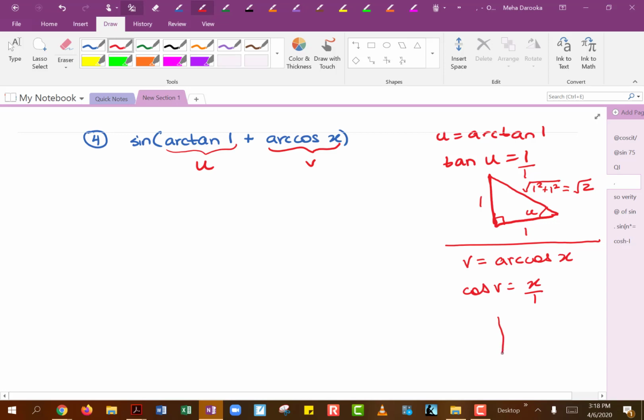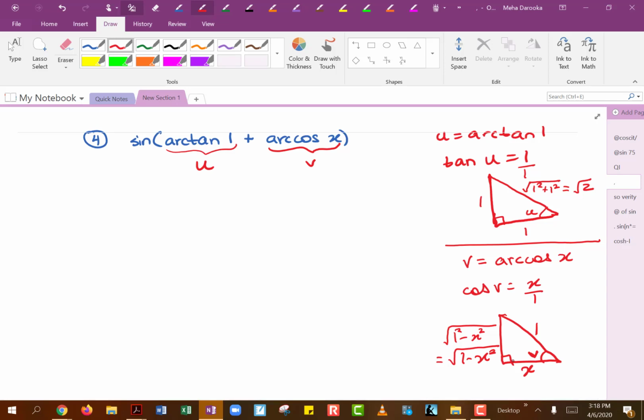If I do this as a triangle, let's say this angle is our angle v, so cosine is adjacent over hypotenuse. Using your Pythagorean theorem again, the third side will become the square root of 1 minus x squared.